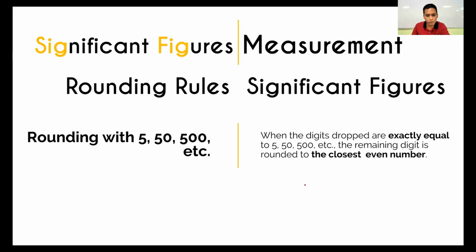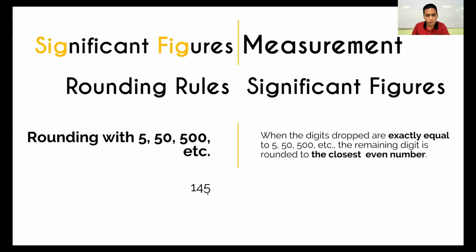Sir, how do we know if we round up or round down? It depends on whether it is an even number or an odd number. For the even number case, for example, 145, round to its nearest tens.